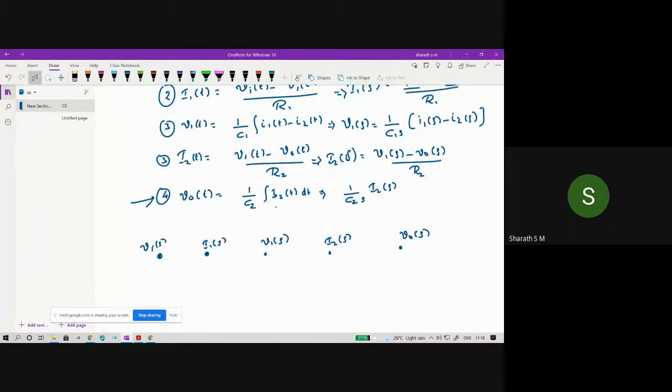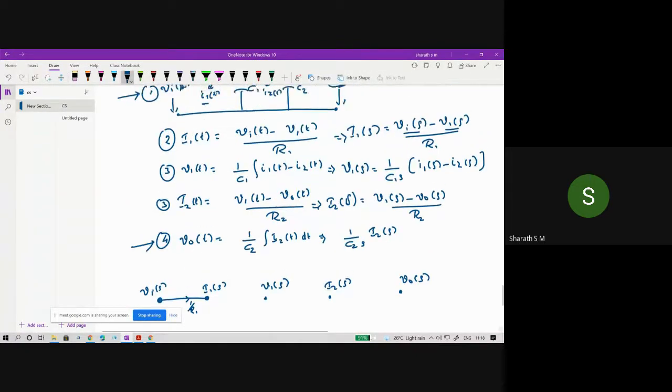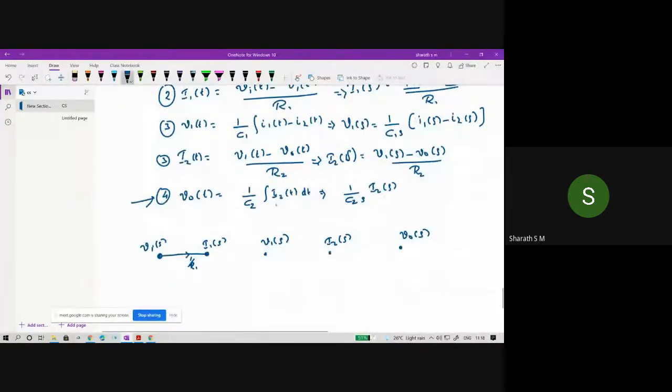So 1 over R1 is the gain. And then minus V1 of S by R1 acts as a feedback path. So write down the feedback path for I1. This is minus 1 over R1. What's the point here? How to write the signal flow graph?